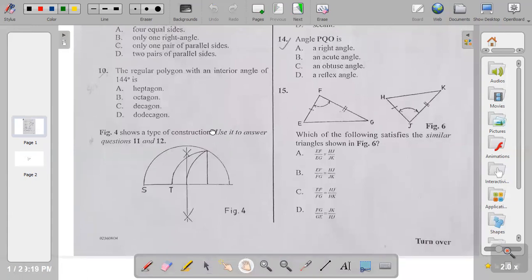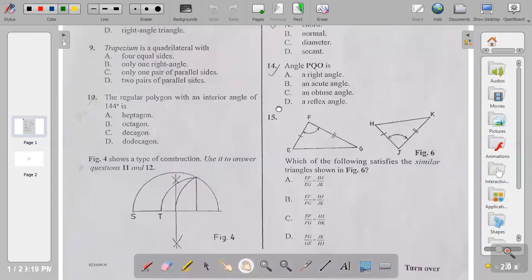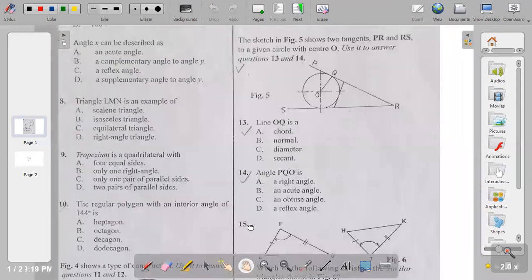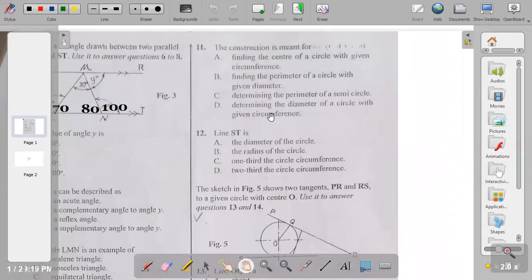Okay, figure 4 shows a type of construction. Use it to answer questions 11 and 12. When you look at this drawing, if you want to learn more on this, you can check my videos. I have a video on it. Let's see the options. The construction is meant for finding the center of a circle with given circumference?